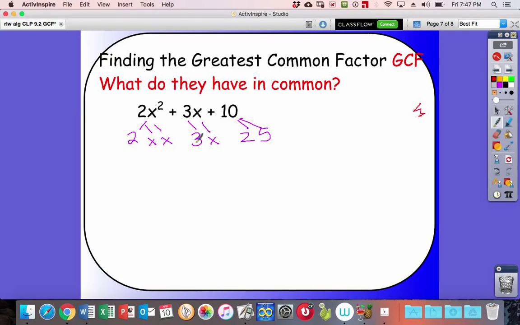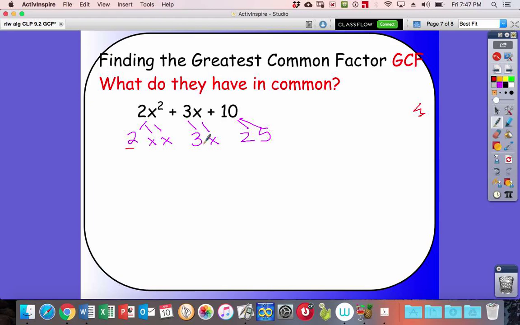There, it's happy now. Okay, if I wanted to take the greatest common factor out here, does everybody have a 2? No, they don't have a 2. They do, but they have to have a 2 in all 3 of them. So I can't do that one. How about I got an x here. Do you have an x?